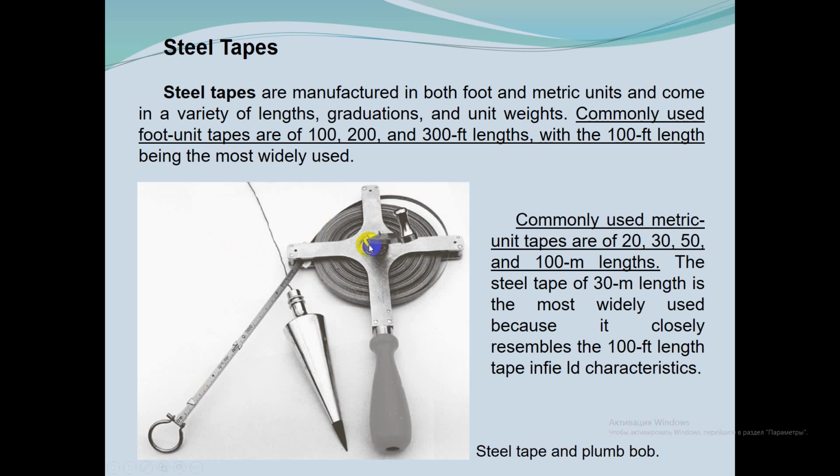The steel tape of 30 meter length is the most widely used because it closely resembles the 100 foot length tape in field characteristic. So, you understand about the EDM regulation: when laser or optical plummet or prism pole levels are poorly adjusted, serious errors can occur in distance measurements.